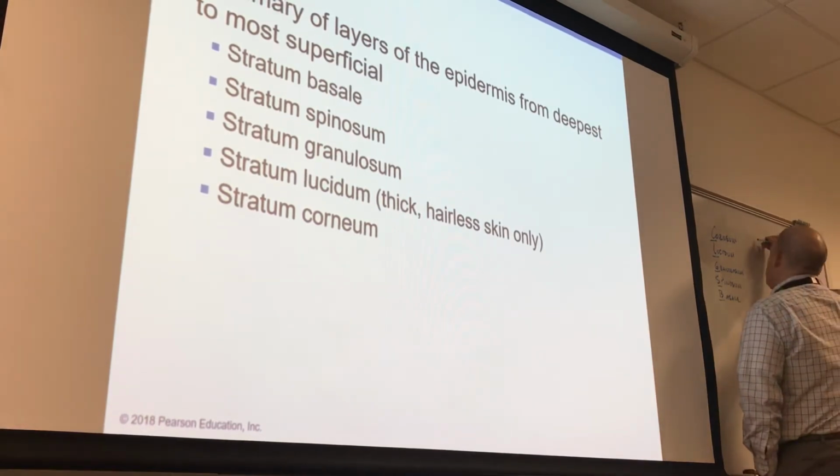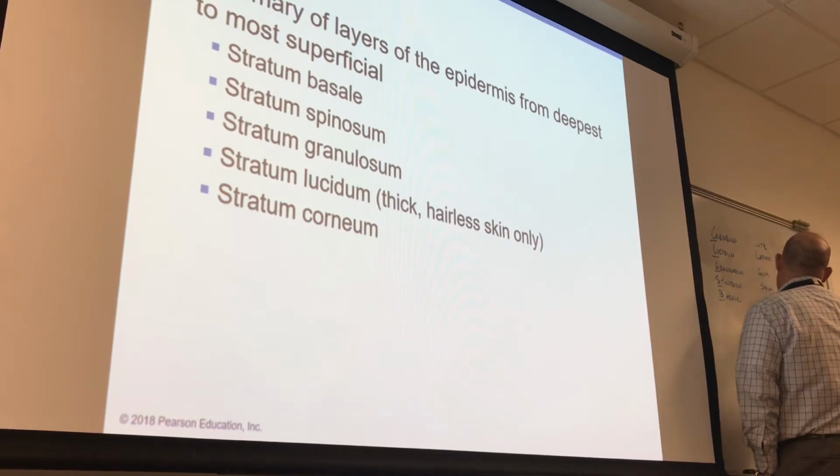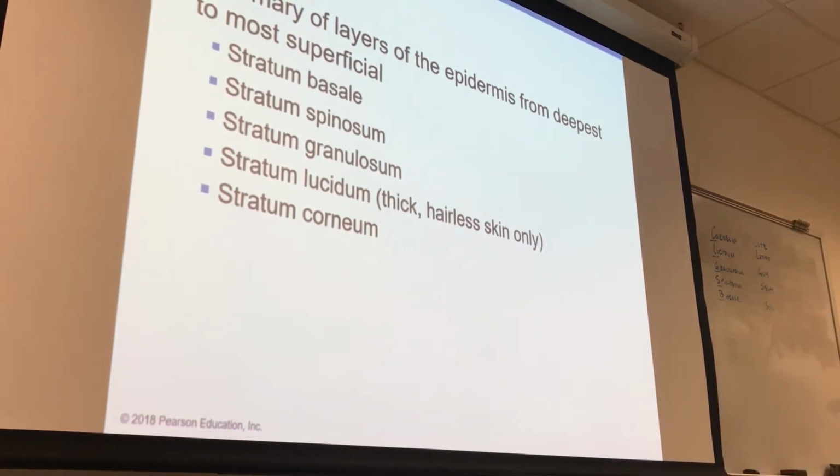What she told me she remembered was: cute, Latino, guy, sexy, butt. And I'm like, boom, I will never forget that mnemonic as long as I live. So, cute Latino guy, sexy butt is a good mnemonic for remembering the layers of the epidermis from superficial to deep.